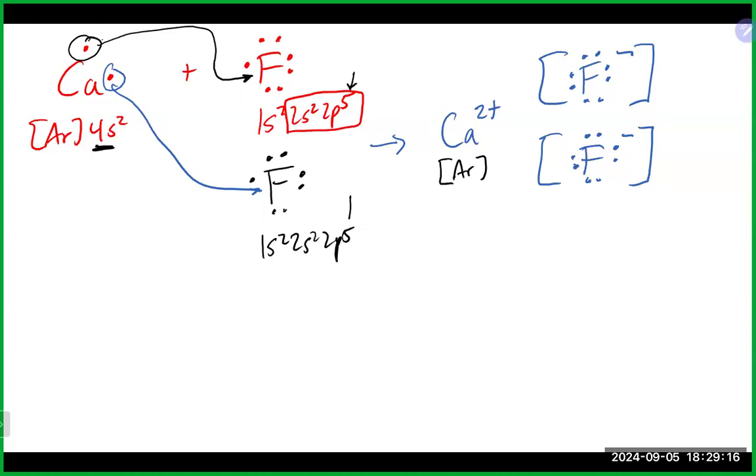Each of the fluorines were able to pick up one electron, which means that each of these fluorines has an electron configuration of 1s2, 2s2, 2p6, or that is again neon's configuration. So in this case, all three of these ions, through gaining and losing electrons, are able to achieve noble gas configuration, and that's why you need to draw two of those fluorines in that case.